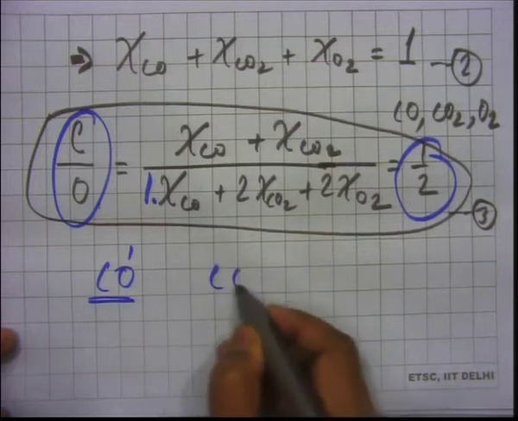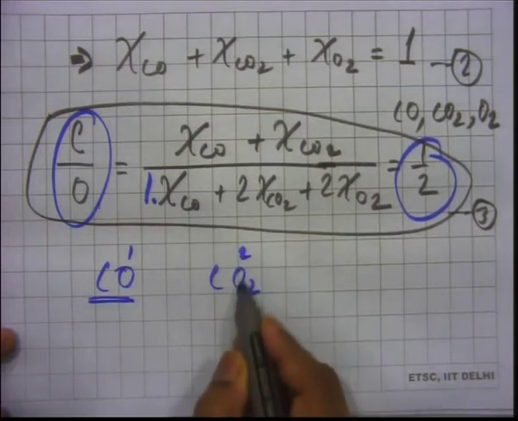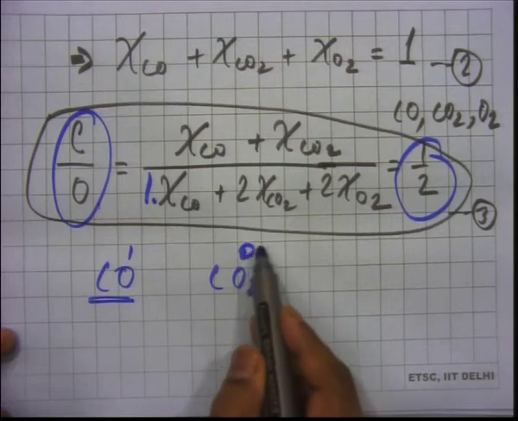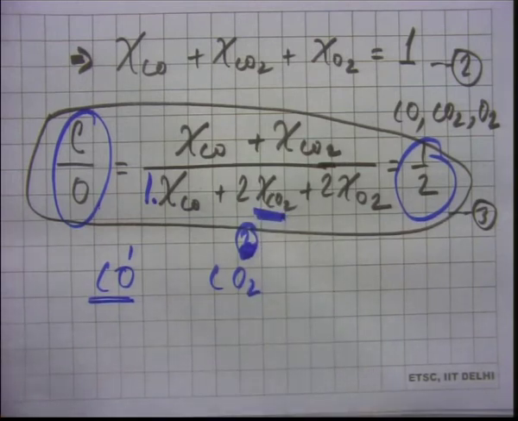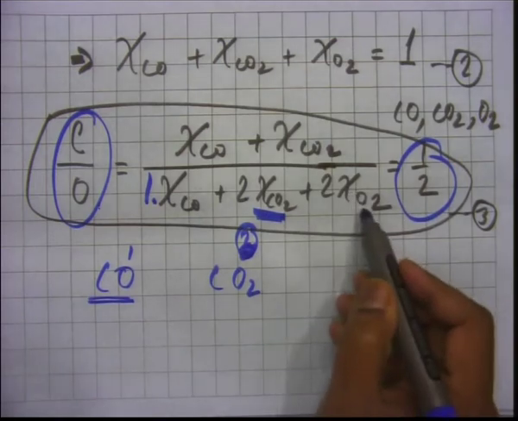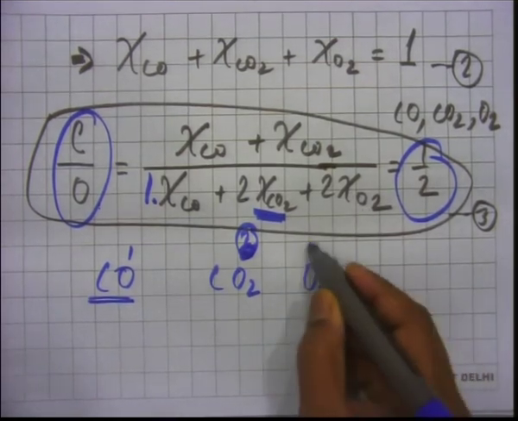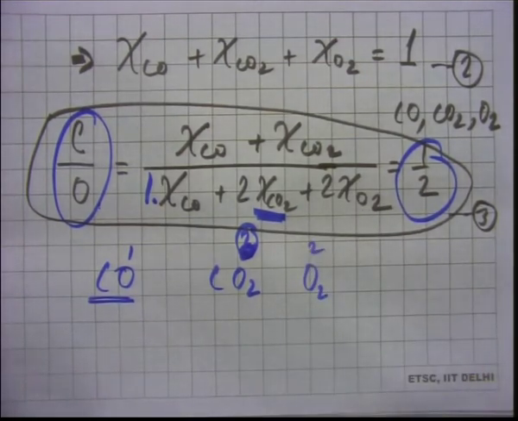Now, if you take CO2, then you have 2 oxygen atoms here, right. So, that is why if you just write chi CO2, you will not be able to take care of the number of atoms of CO2. So, that is why you multiply it by 2. Similar logic for O2, one O2 molecule of course has 2 oxygen atoms.